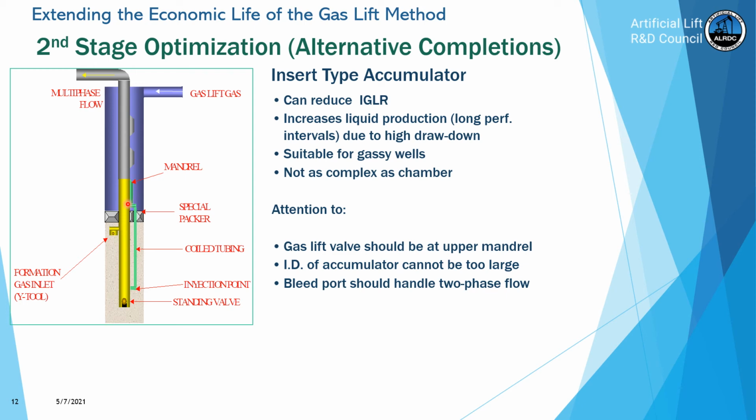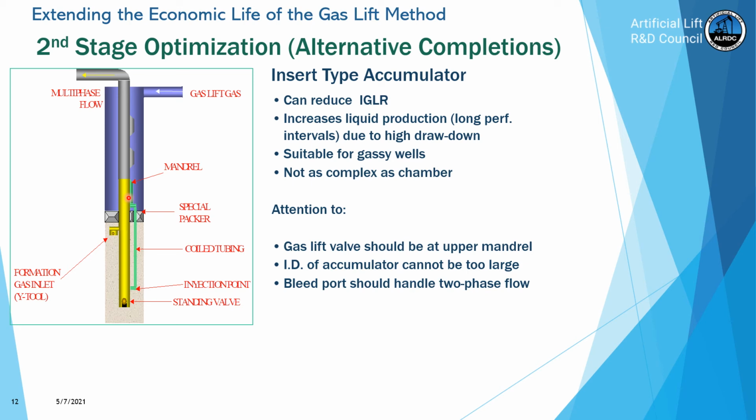If you put the gas lift valve here, then the pressure drop that you will see here, or the spread of the valve that you will see here, is the spread of the valve that you have installed at the operating point of injection. So you have more control on that.